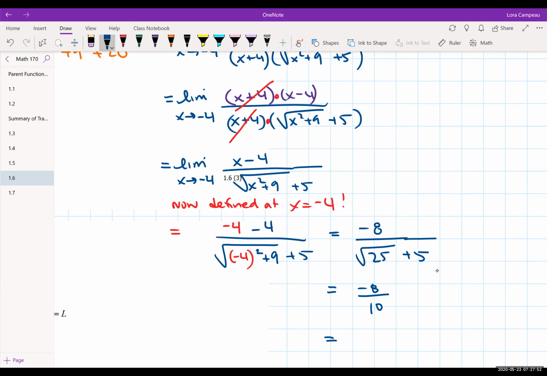We're in calculus, we have a little freedom. But WebAssign might want us to reduce. Common factors: 2 goes into 8 4 times and 2 goes into 10 5 times. So we have negative 4/5. Interesting.